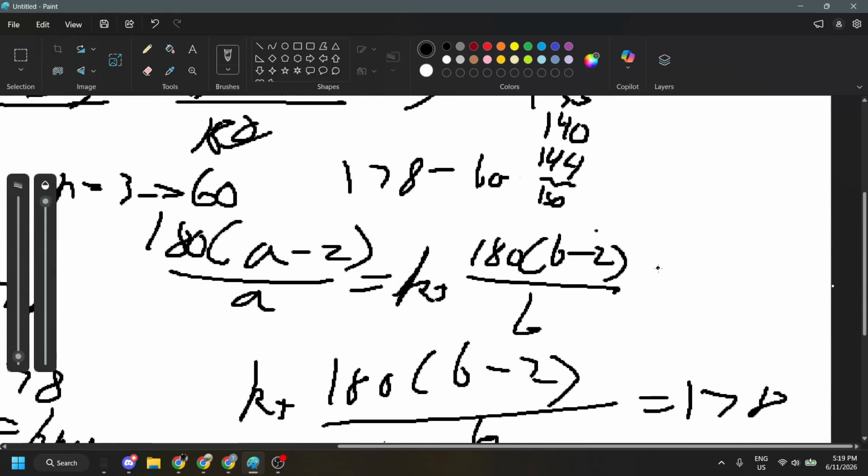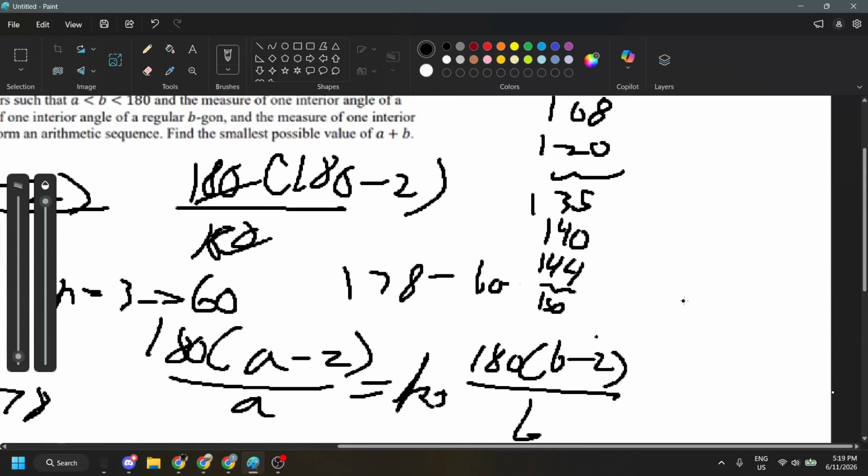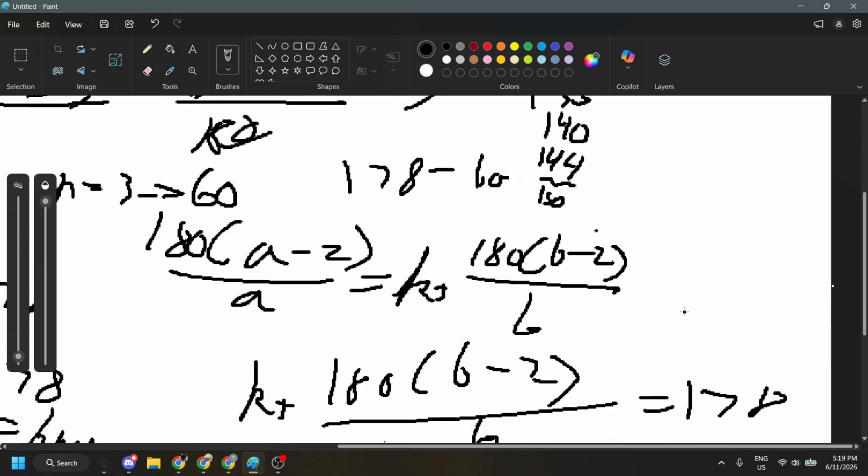We get 213. What? Yeah, 313 over 2. That's going to be 157 or 156 and a half, which might be one.